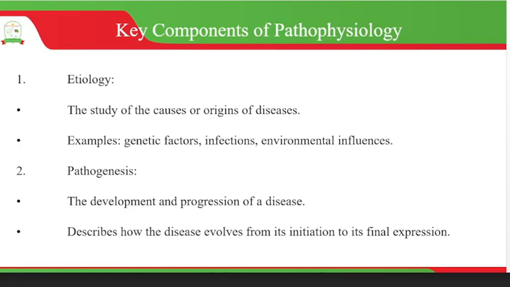In other words, it is the mechanism through which these cells go through in order to become disabled to function normally. And it describes how the disease evolves from the initial state to its final expression.